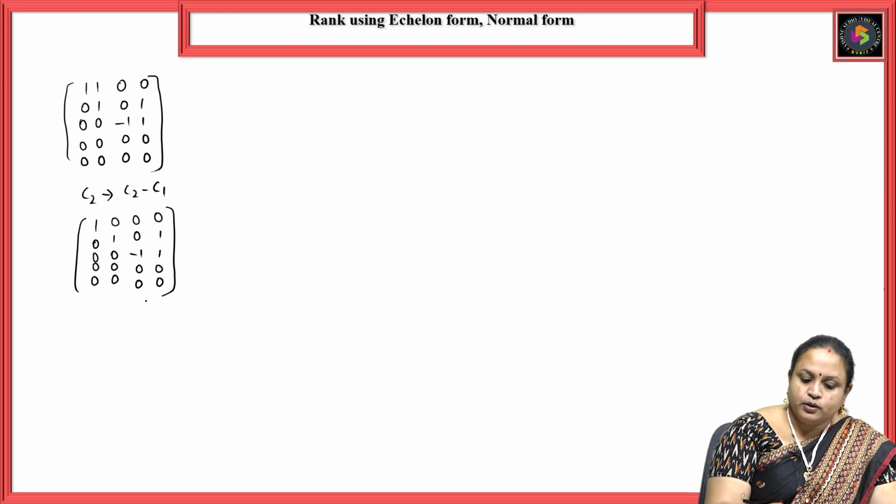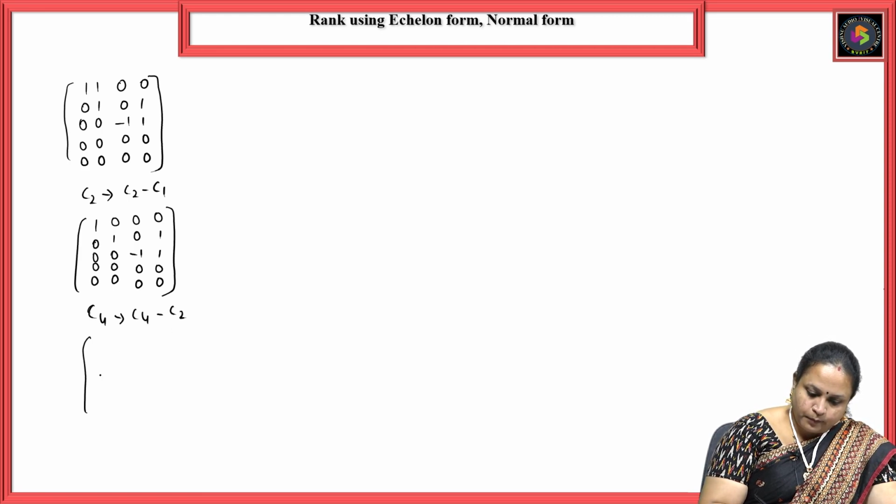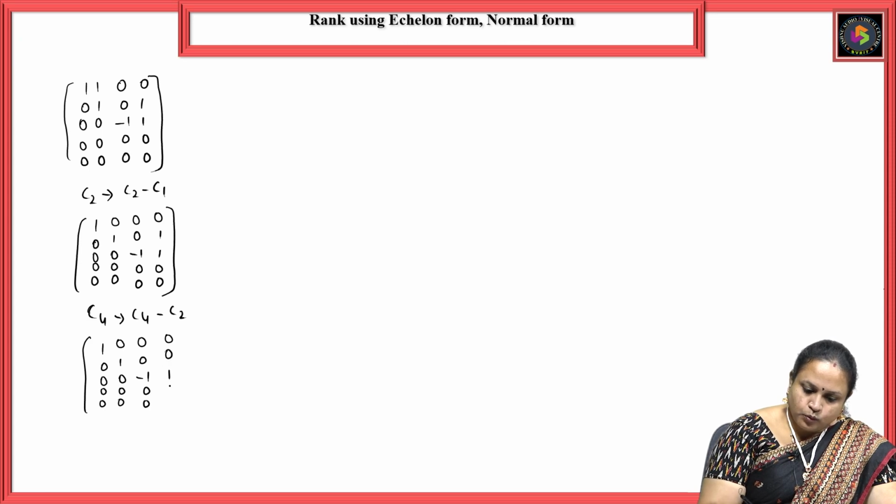Now let us make these two elements zeros, the element in C4 as 0. So C4 implies C4 minus C2. So it is 1, 0, 0, 0, 0, 0, 1, 0, 0, 0, 0, 0, minus 1, 0, 0, 0, 0, 1, 0, 0.